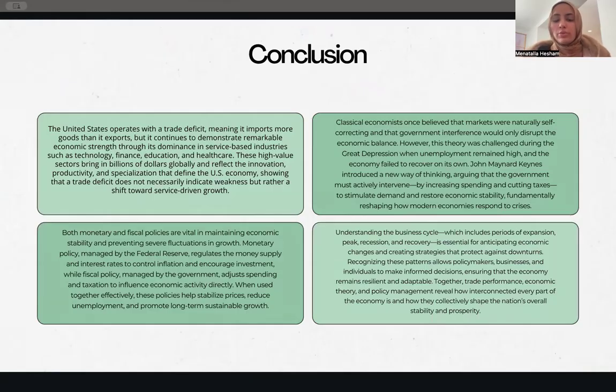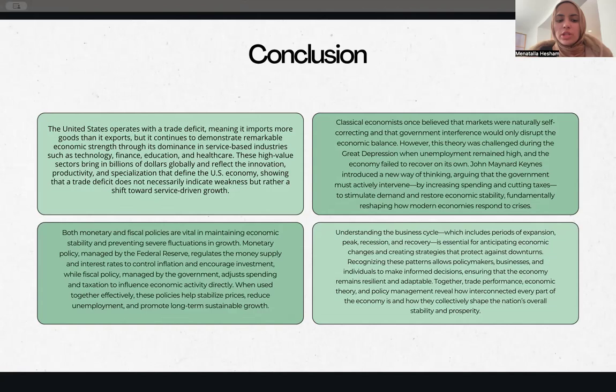So, in conclusion, to summarize all of this, the United States currently operates at a trade deficit, but the economy remains strong due to its trade surplus in services. Classical economic theory assumed self-correcting markets, but Keynesian economics highlighted the importance of government intervention.